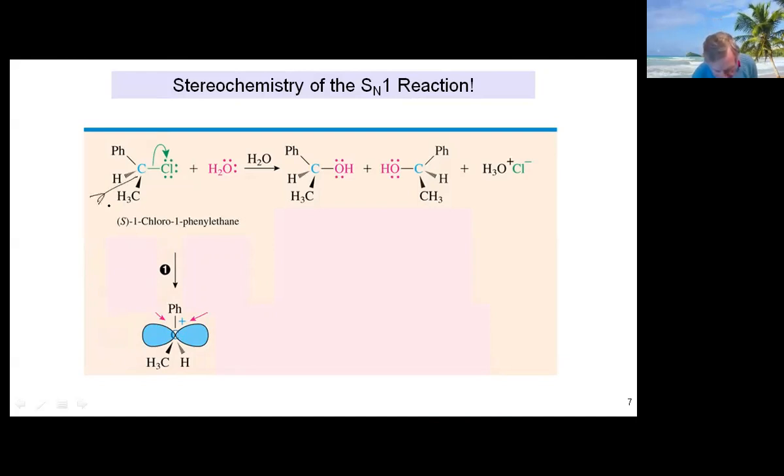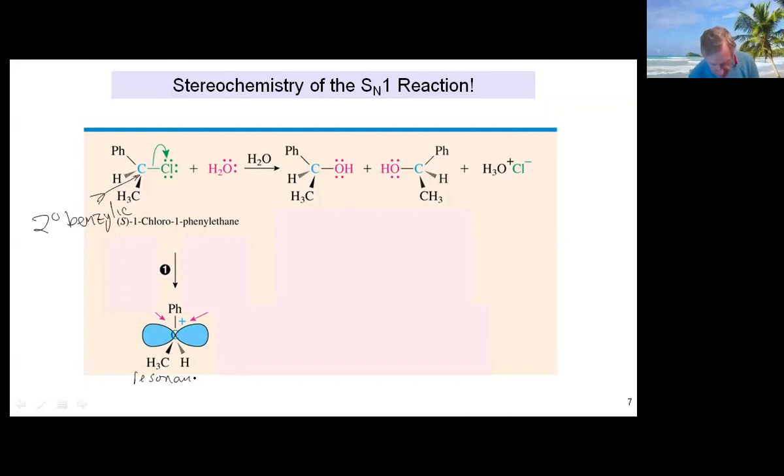That would be a benzylic, would be its last name because it's attached to a carbon on a benzene ring, and there are 2 carbons attached to it. So it's a secondary benzylic. So it's got hyperconjugation, but this also could do resonance.